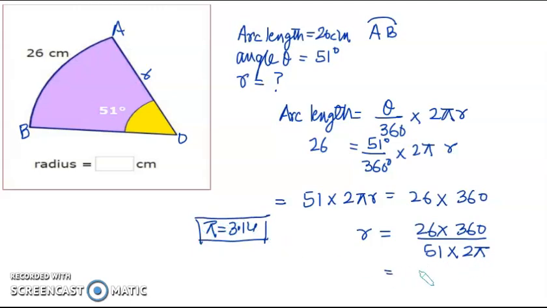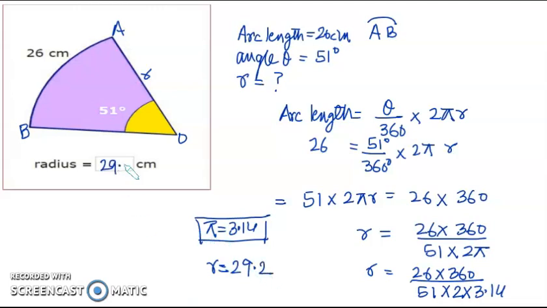So we can write it as 26 times 360 divided by 51 times 2 times 3.14, and on solving we get r equals 29.2. So the answer here would be 29.2 centimeters. I hope so far it is clear. Now we will take up the next question.